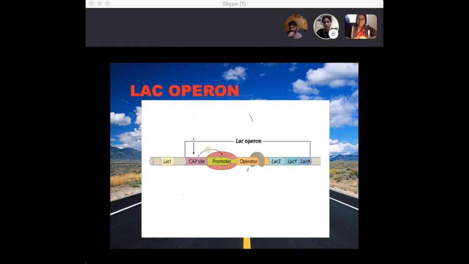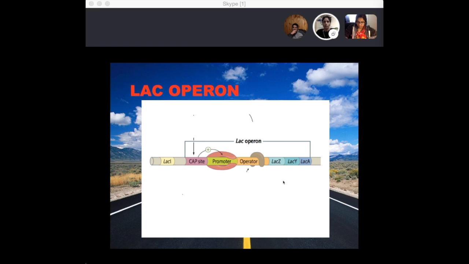So polycistronic RNA is essentially something that's unique to prokaryotes, and it has more than one gene on it. So it can do continuous rounds of transcription, and it will make an mRNA molecule that has the 3 genes needed, so the lac Z, lac Y, and lac A on it. And the difference is that this does not happen in eukaryotes, aka us.